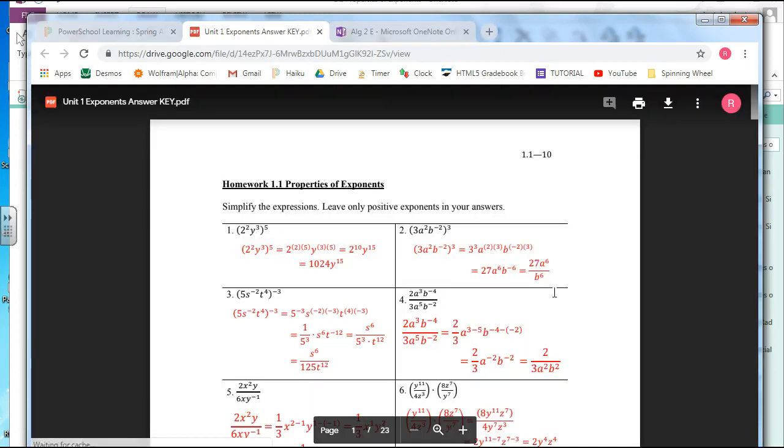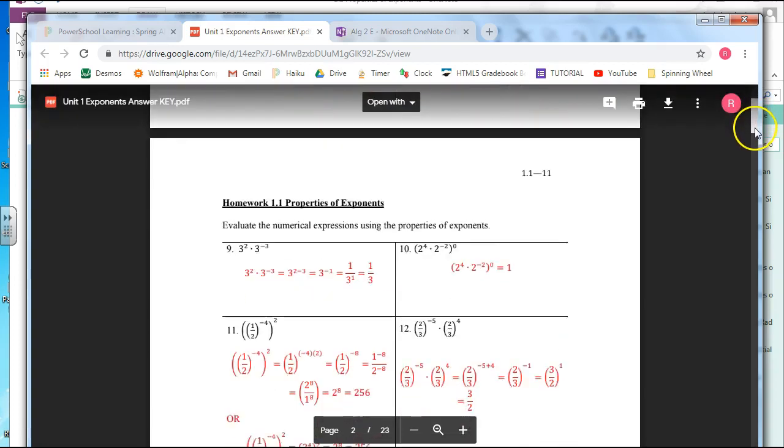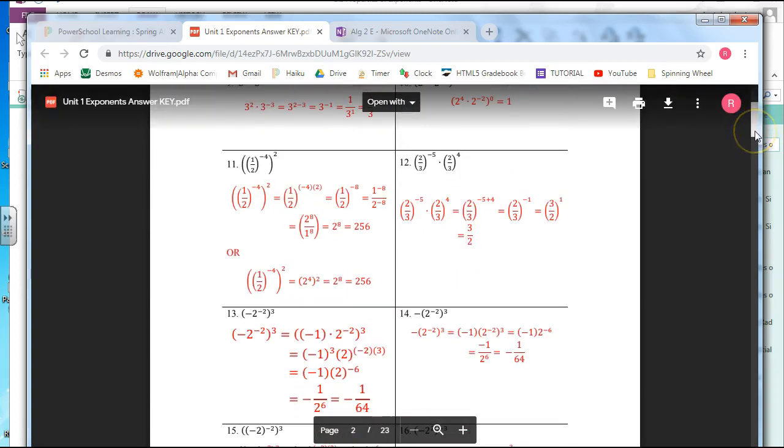What do you notice about the answer key this semester? Oh my gosh, it's tight. Everything is out there. So hopefully that helps you. And there still may be mistakes, but you'll be able to read my writing on this. So anyway, it's all out there. Okay. That should be it.